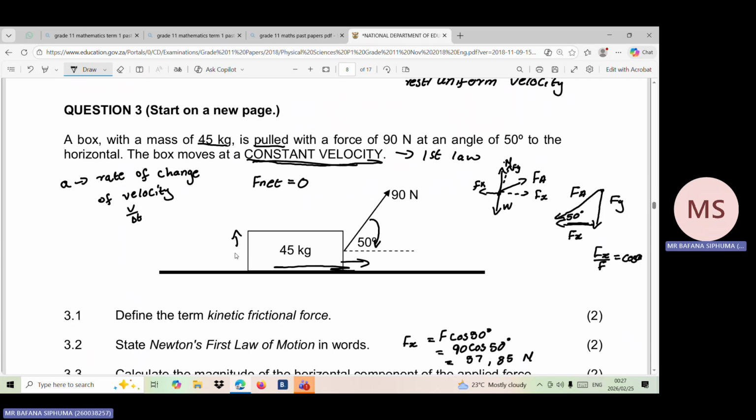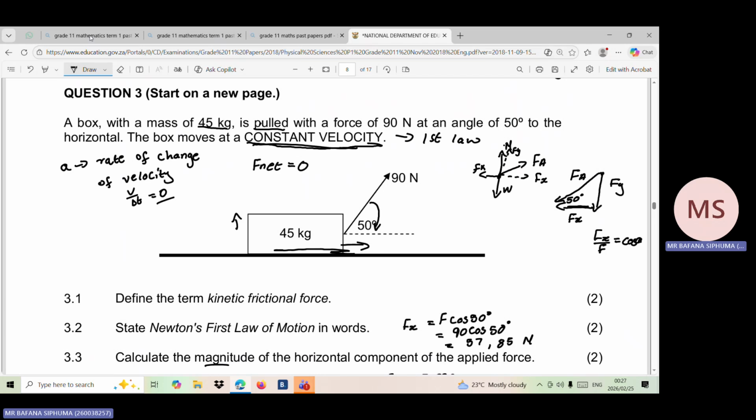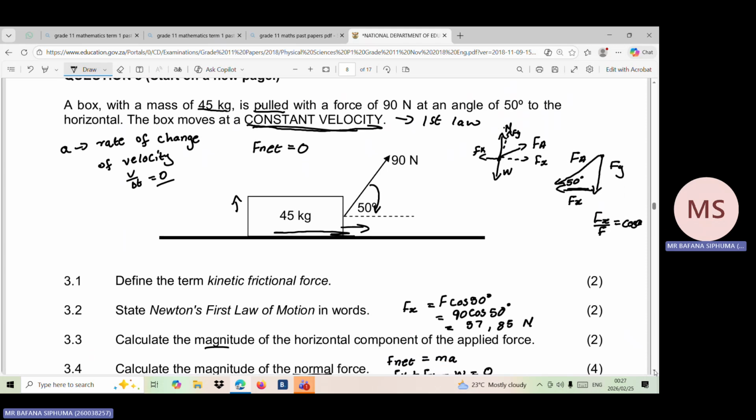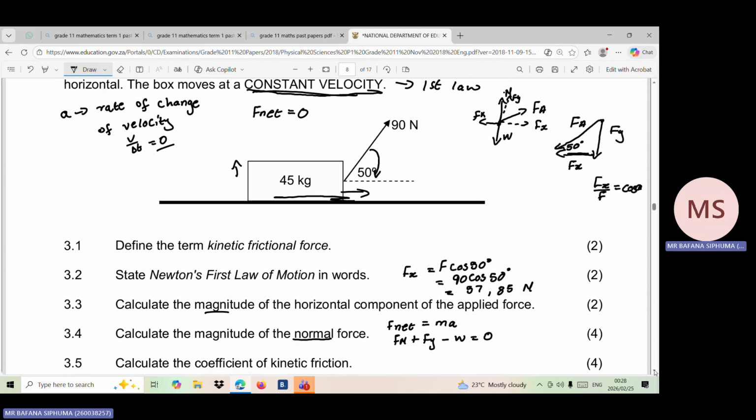Because I told you the upward and downward motion remained constant, its acceleration is equal to 0. That is where my 0 comes from.